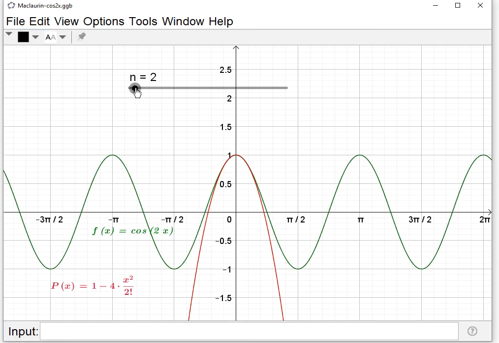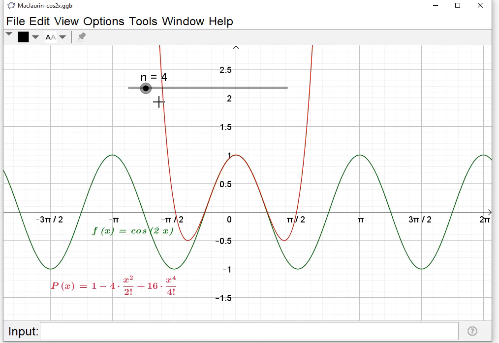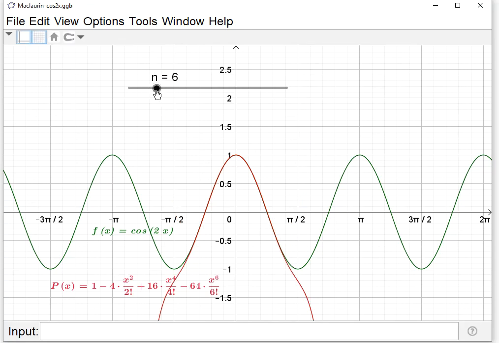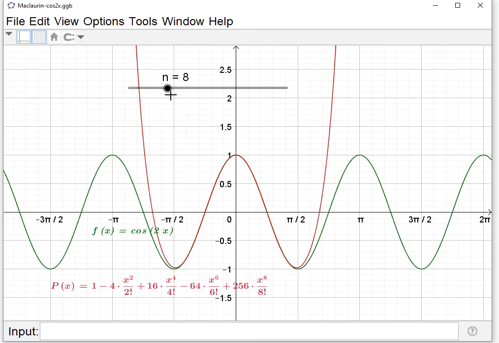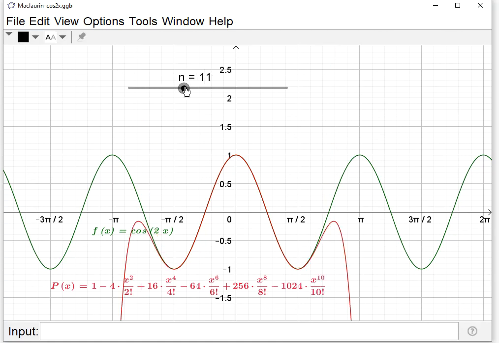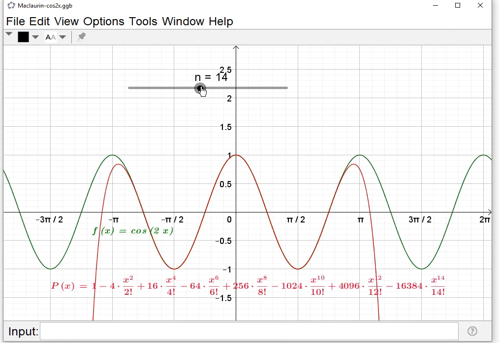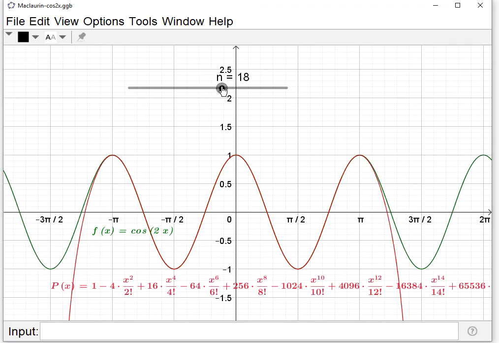Notice when I go to n equals 3 it makes no difference because the coefficient of x cubed would be 0, but when I go to n equals 4 we get a quartic approximation for cos 2x, which is slightly better, and as we improve the order of the polynomial, so now we're up to an order 8 polynomial, you can see it's improving and getting a better fit to cos 2x, and if I go on and on looking at even values of n, we get a better and better fit.